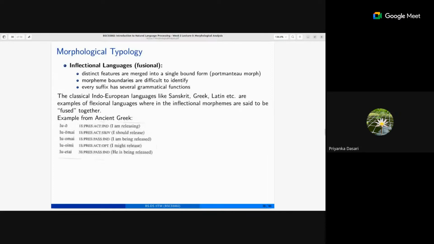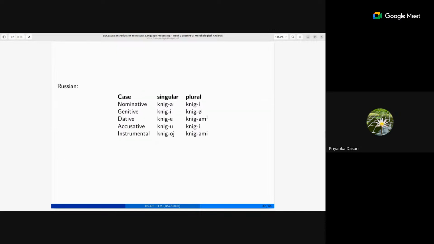So these are inflection languages. Here they are maybe not that much glued as agglutinative languages. So here are some examples they have also given.